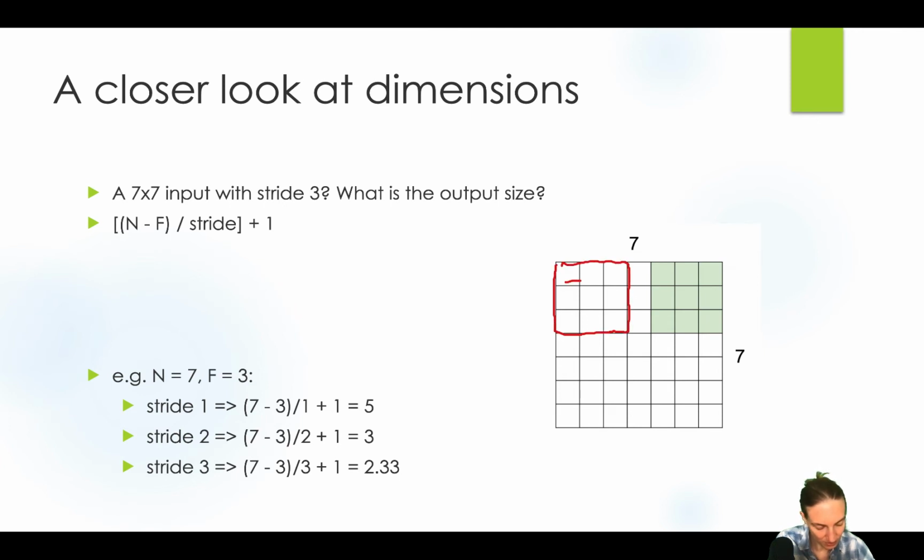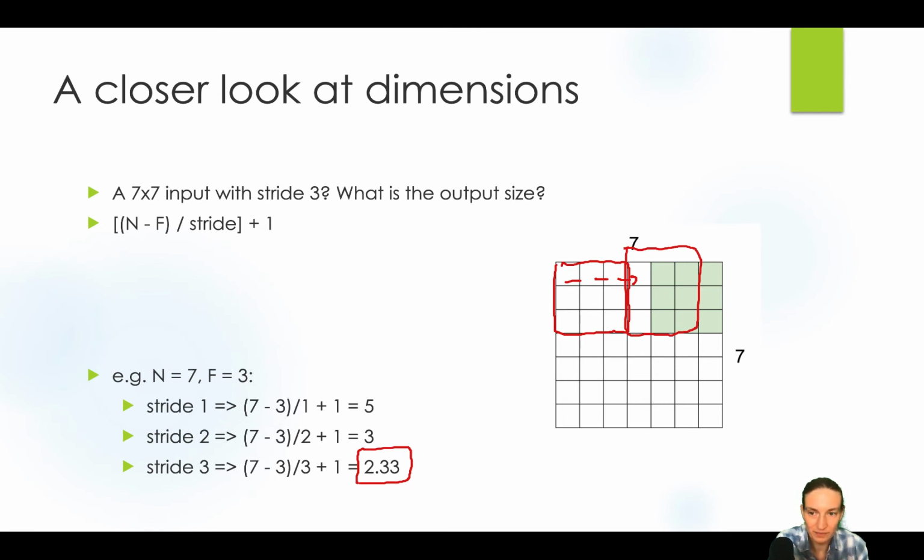We shift it 1, 2, 3 to here. It actually causes a conflict. It doesn't work very well. All right. So you would have a final output of 2.33.